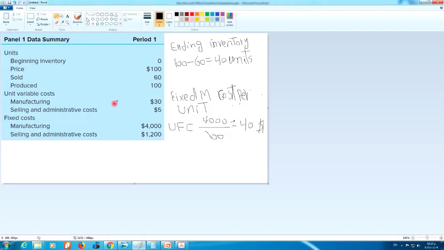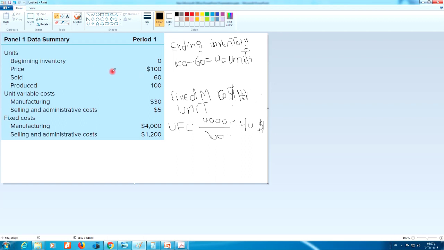In this example we assume there is no difference between budgeted data and actual data. No beginning inventory, for simplicity.